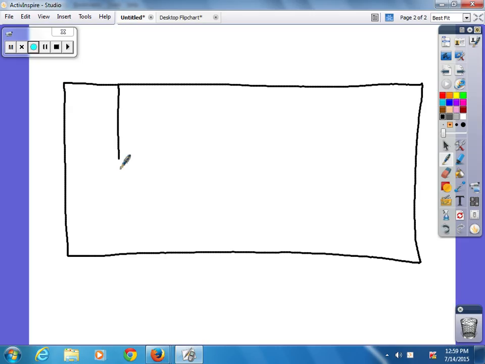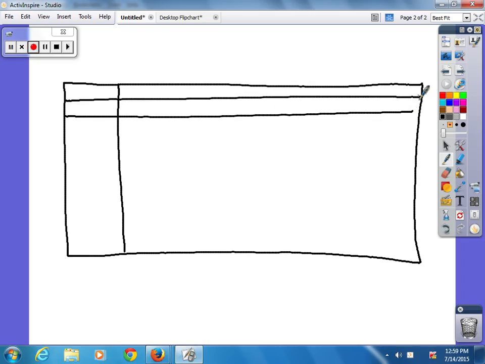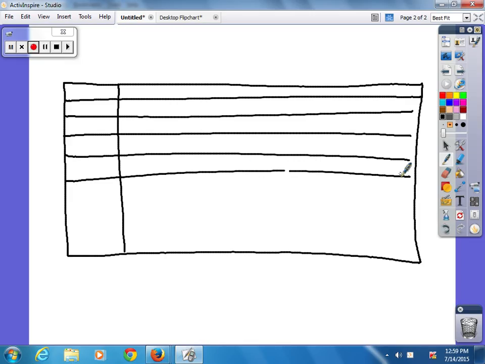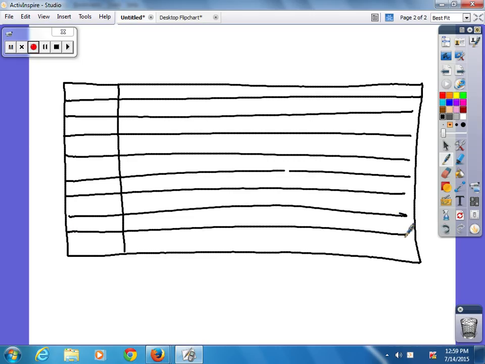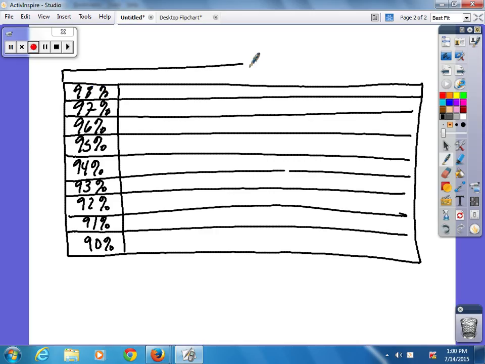And I tell them to divide it into 10 lines. 1, 2, 3, 4, 5, 6, 7, 8, 9, and that's good enough because I'm going to go 90, 91, 92, 93, 94, 95, 96, 97, 98, and the last one being 99.